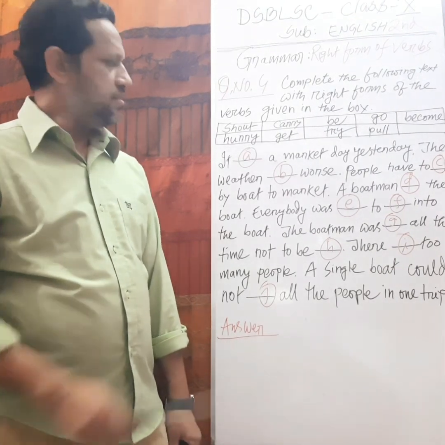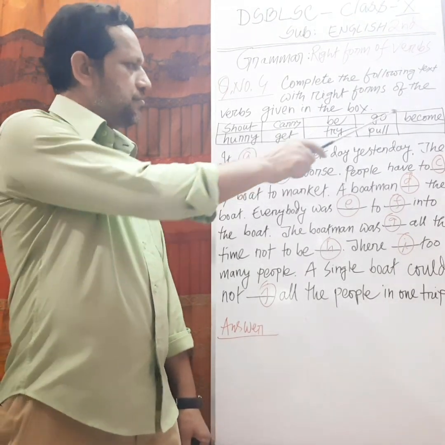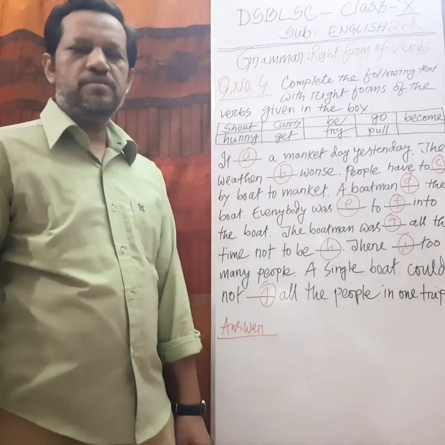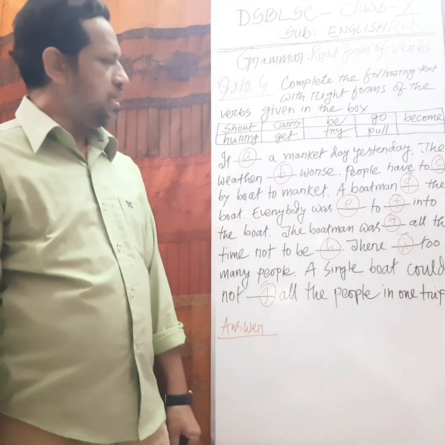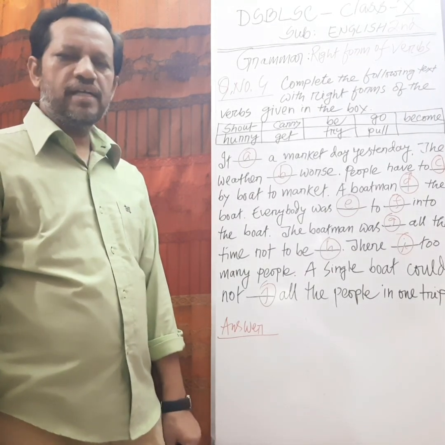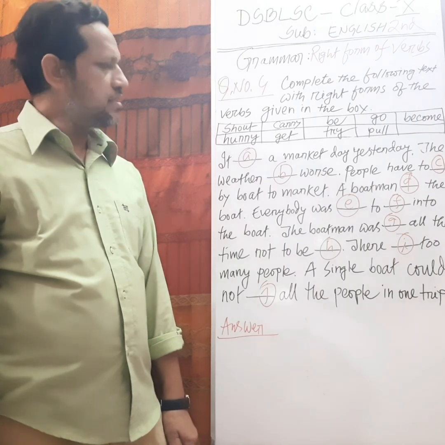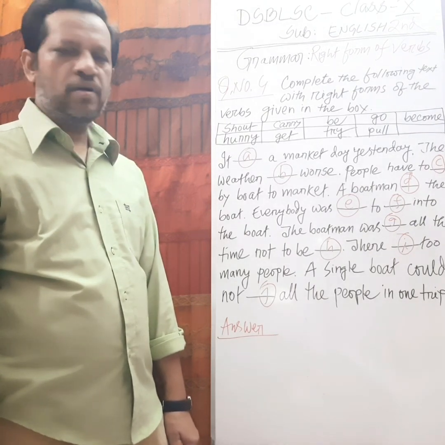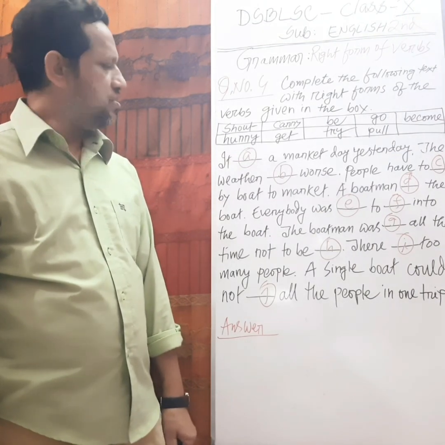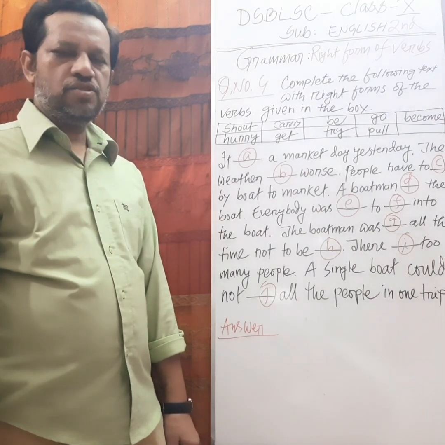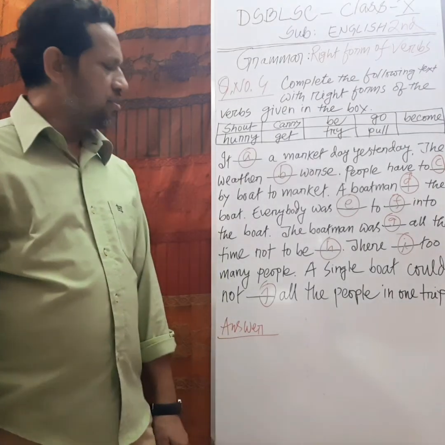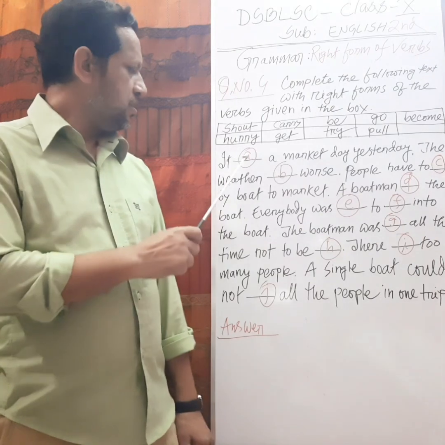So, my dear students, there are some verbs in the box, maybe 10 verbs or 9 verbs. If you get 9 verbs, then you have to use a verb two times, I think, for 2 gaps. So, my dear students, at the very beginning, you have to read the given passage very carefully.